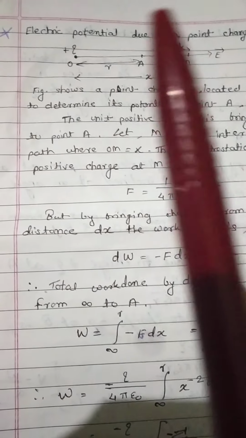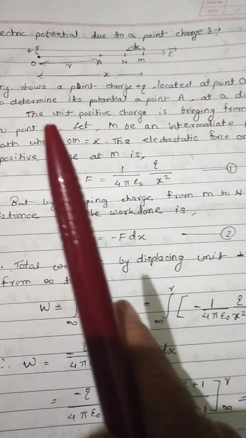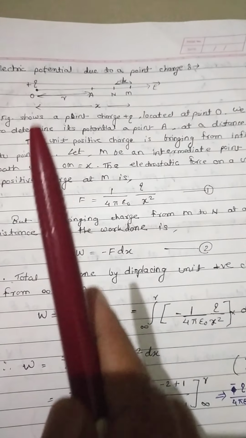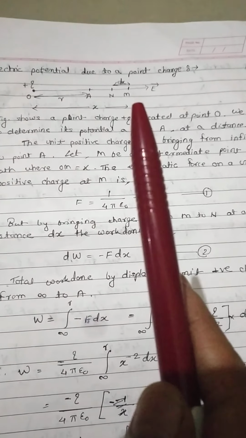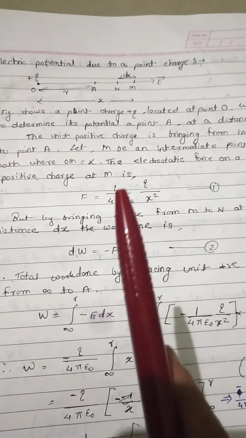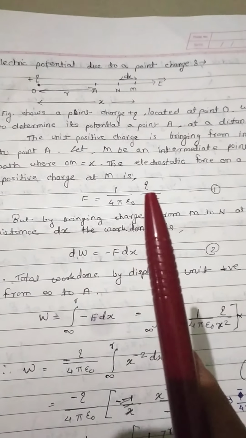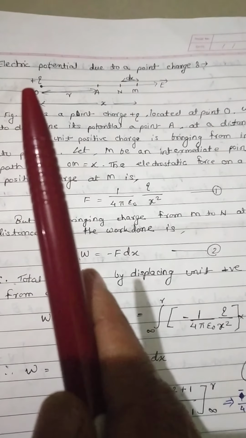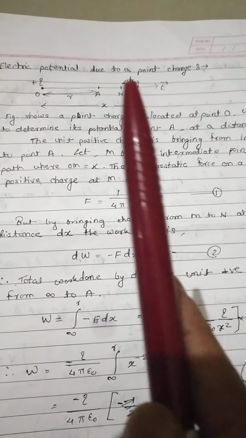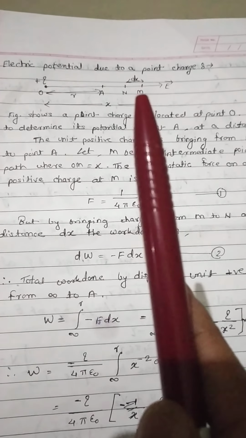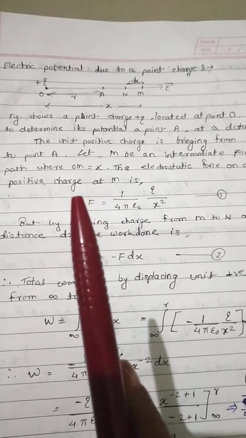Then the electrostatic force on a unit positive charge at M is F equal to 1 upon 4 pi epsilon naught Q upon x square. This point charge exerts the electrostatic force on point M, the test point.